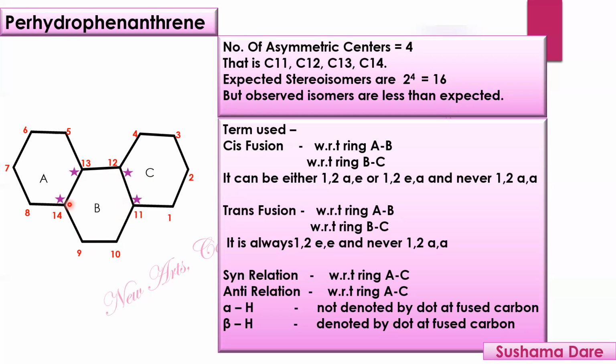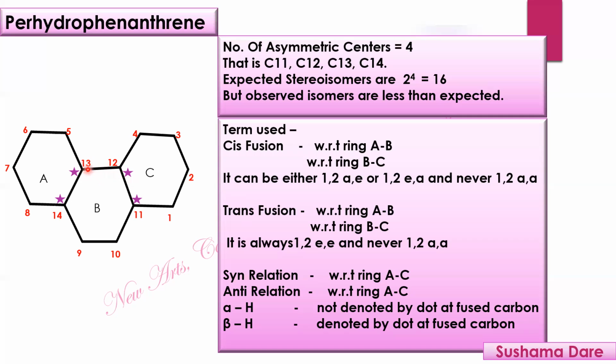But now in this stereochemistry, we have to always focus on number 12 and number 13, how they are related. What is the relation at these 2 points? Whether the relation is syn or anti.